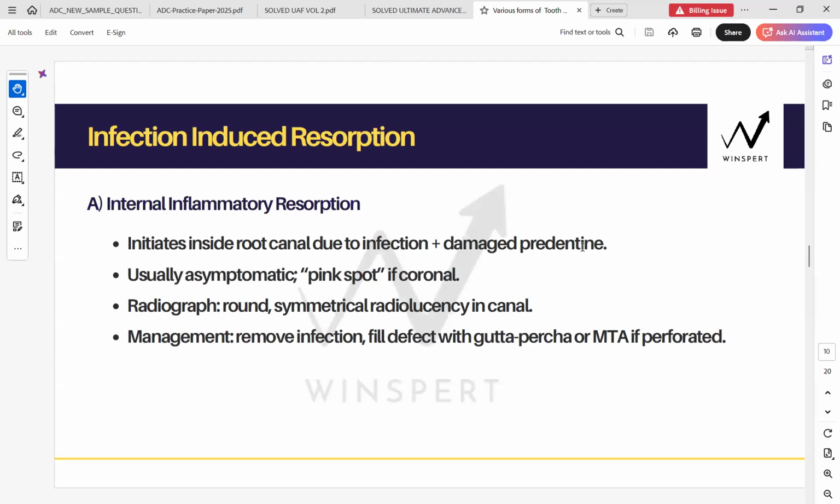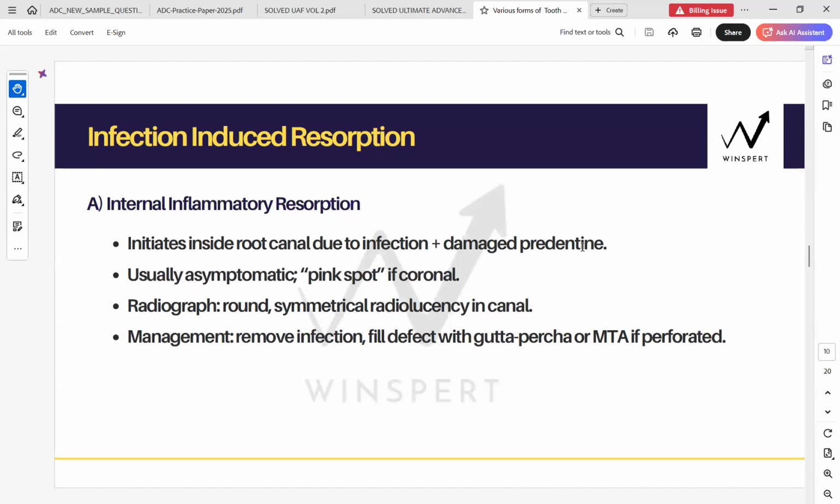Now, management of your internal inflammatory resorption is removal of the infective agent. In this case, it would be your infected pulp. So the instrumentation would be very crucial when you have internal resorption. That is why when you have these cases in exam, choose the option of referral, because the instrumentation is not standard instrumentation here, because your instrumentation has to debride the biofilm of the concave walls.